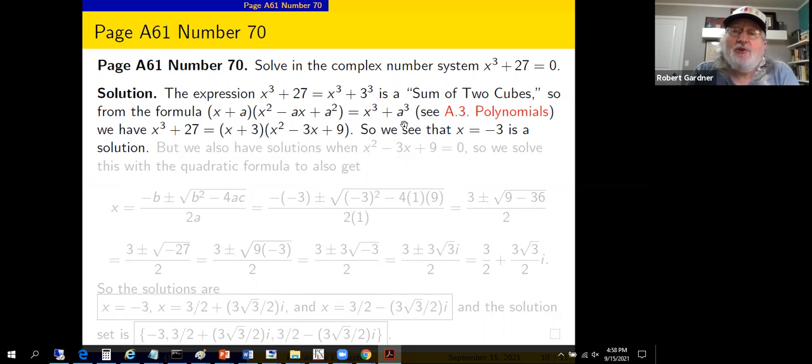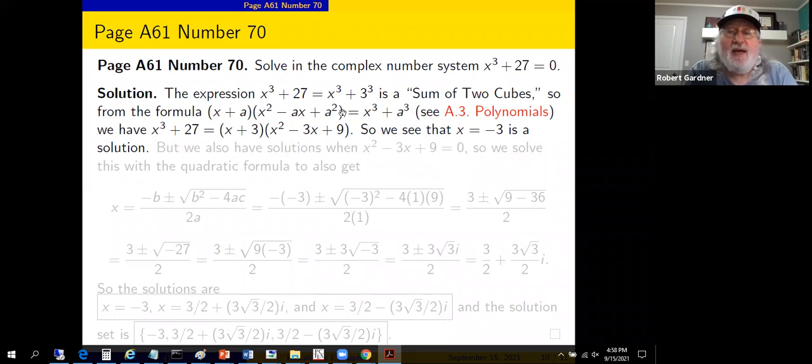If we had x cubed plus a cubed, you can factor that into x plus a times this stuff.